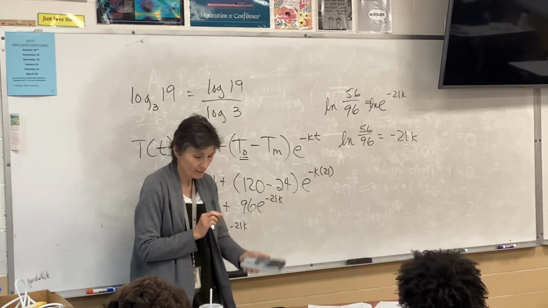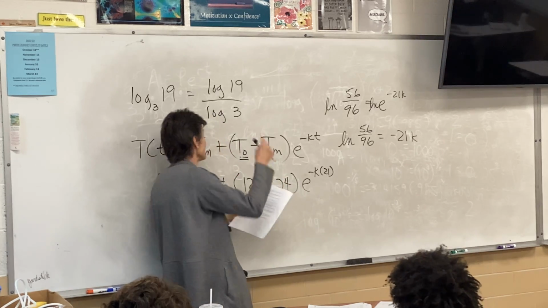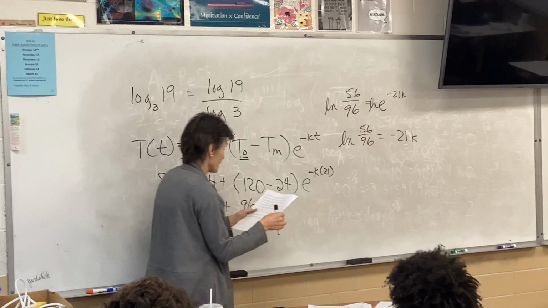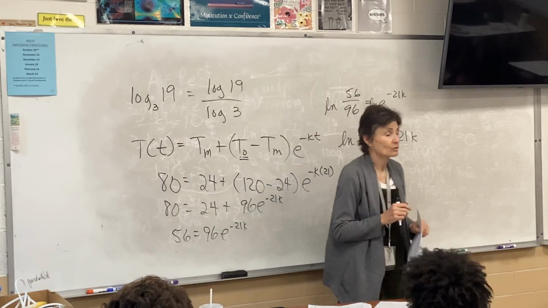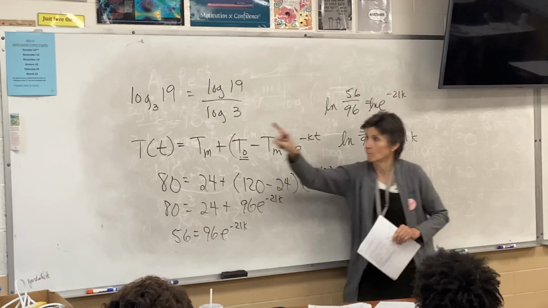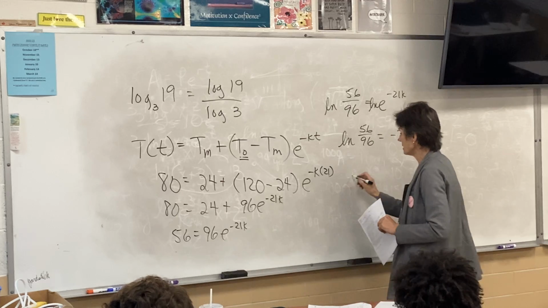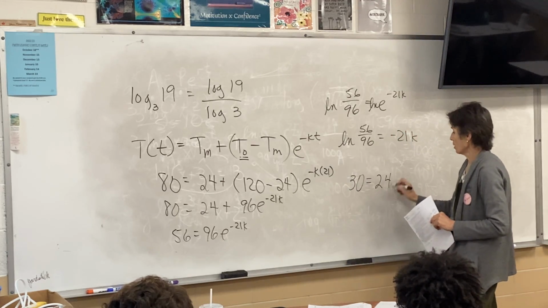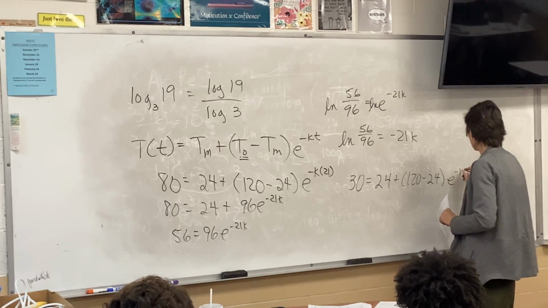I got that. Okay. Now, to answer the question, I need to use this formula again. How long will it take the brownies to get to 30? Where does the 30 go? Temperature at a given time is 30, equals 24 plus 120 minus 24 times e to the negative kt.